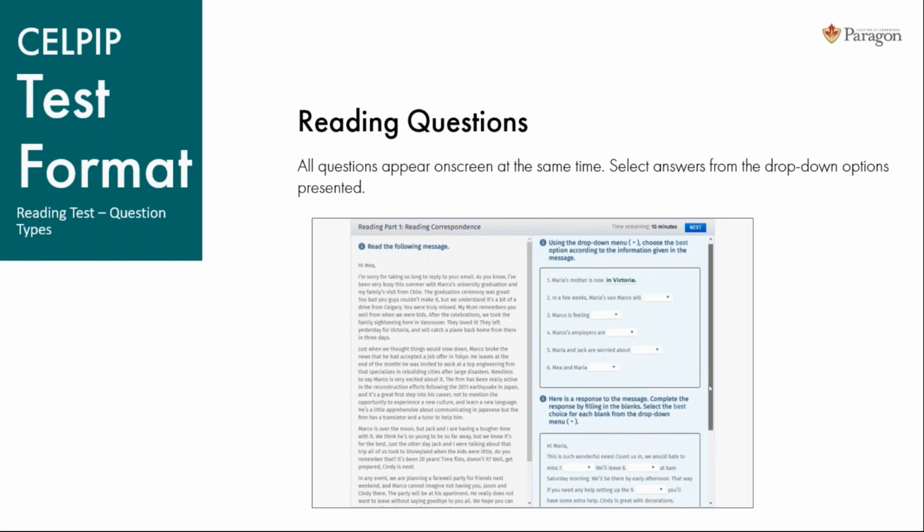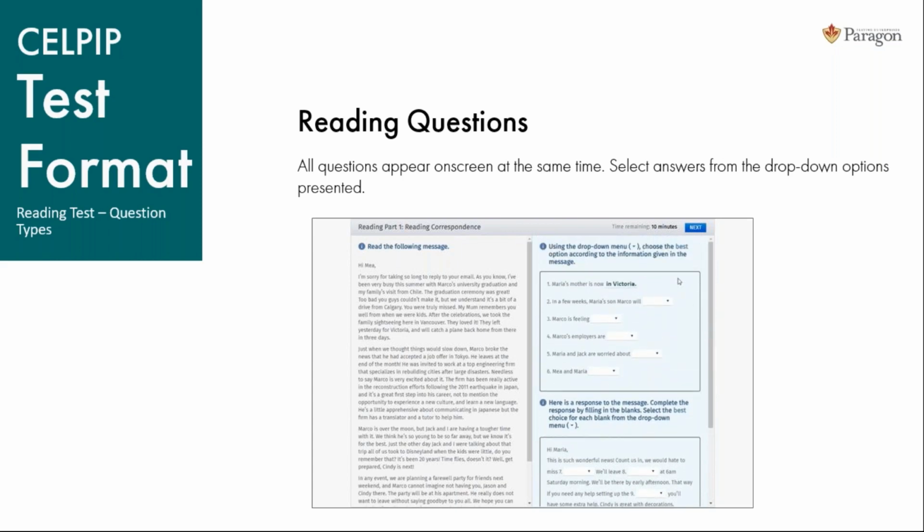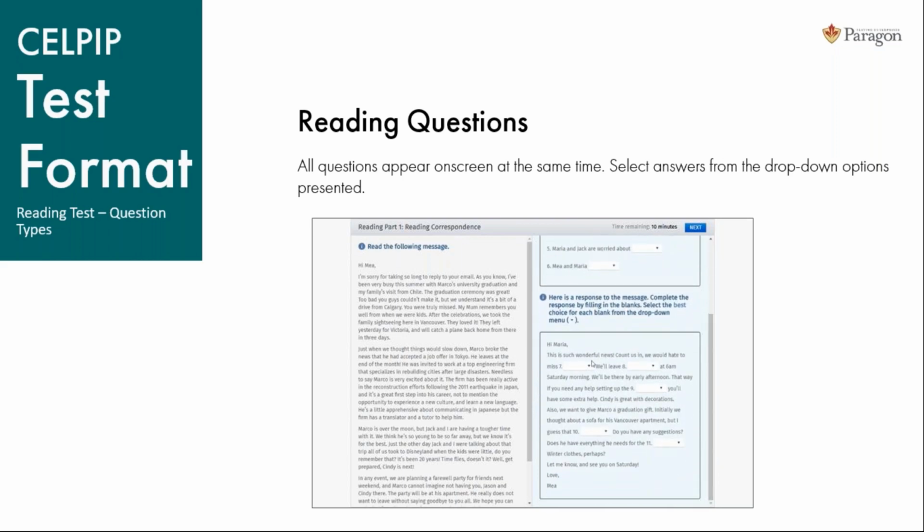But the second part is a response, and it's a kind of a gap fill or a cloze task, if you've ever done those, and you're trying to figure out what would be the most likely response in this case. And this can be a little bit challenging. It's a response to the original reading, and you need to think about a lot of things in order to answer that. So I struggle on that second task down below, and you may want to practice that a little bit more to make sure you're familiar with how to fill in the blanks in this case.